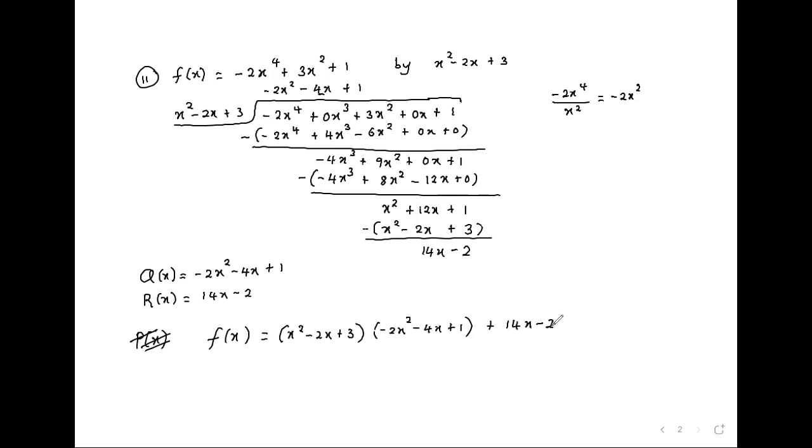Like that. So this is our solution. If you do the multiplication here, you must be able to get back the question. If you don't get back the question, it's wrong. You must be able to get back the initial question if you expand this and do the addition.